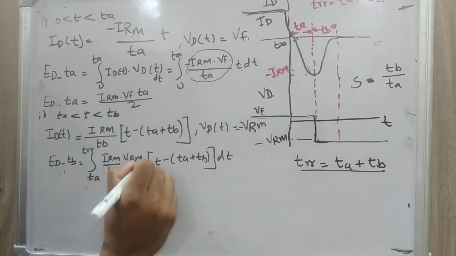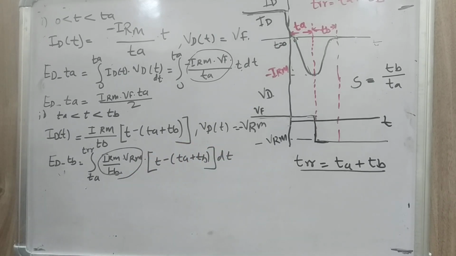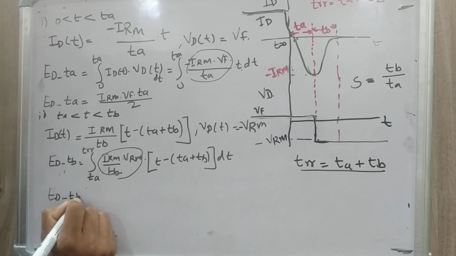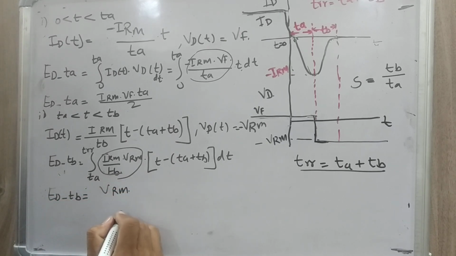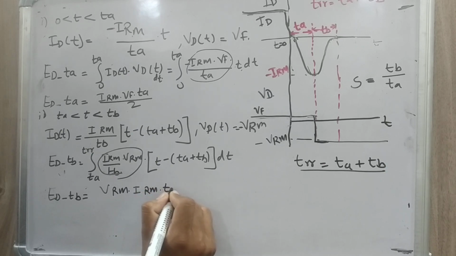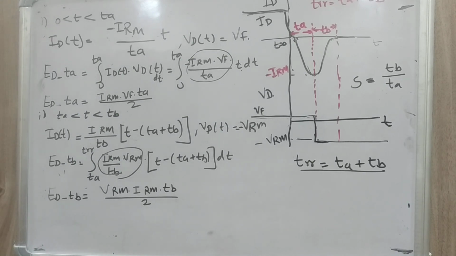This is the constant term, and this is the only integration term. So we can evaluate that and we will get ED_TB equal to VRM into IRM into TB divided by 2. This is the energy lost during time TB.